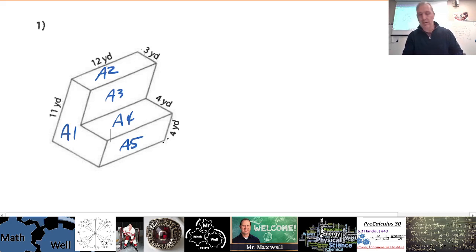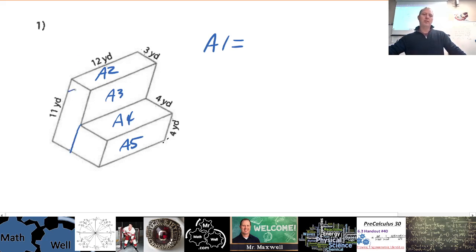Okay, let's get on with solving this. A1 is going to be the trickier type, because this is not a rectangle or a triangle or a circle or a square. This is actually a combination of 2 things, isn't it? You can treat this as two separate pieces.